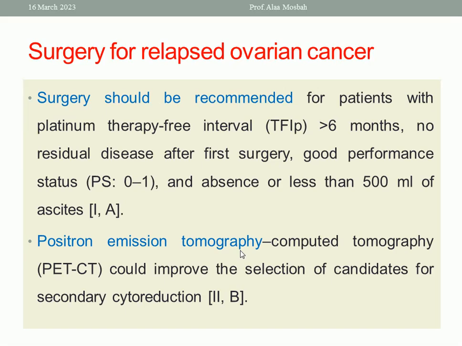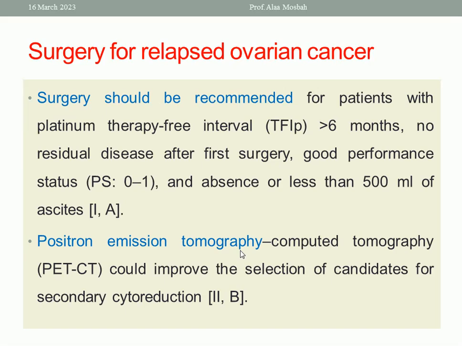Performance status 1 still can take care of herself, can also move, can do the work, but with some little restriction. So 0 and 1 is considered good performance. So what else is indicated? Absence or less than 500 milliliters of ascites.